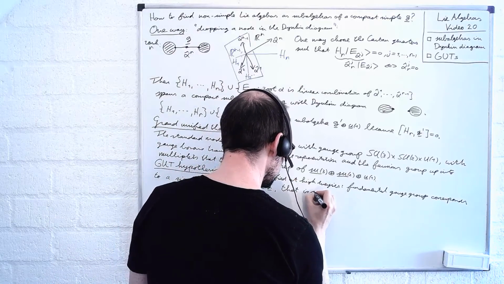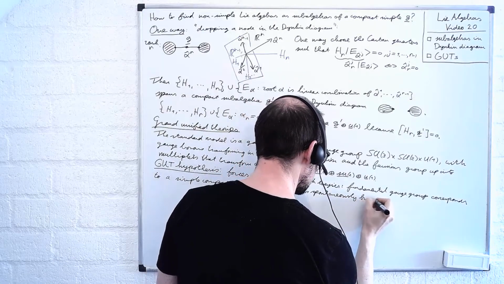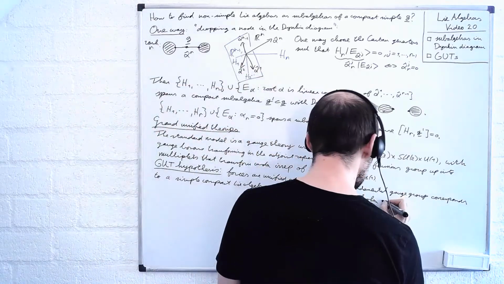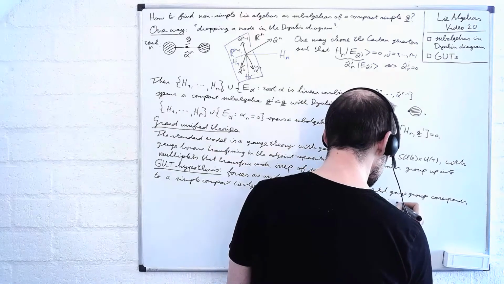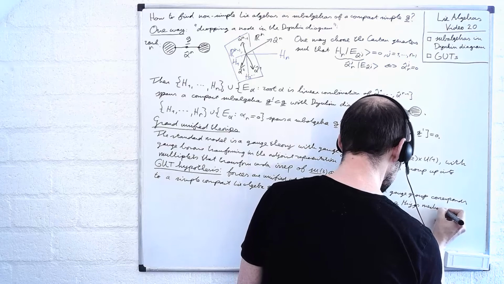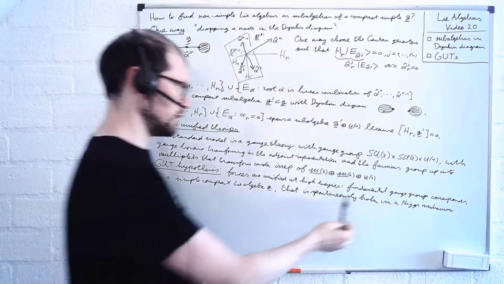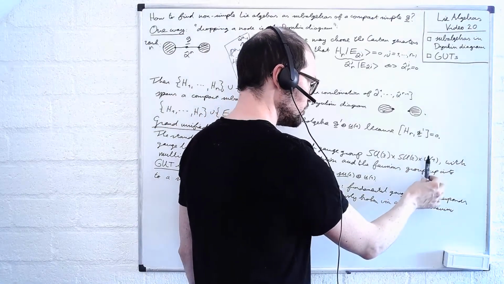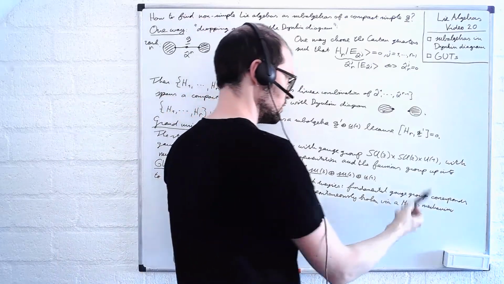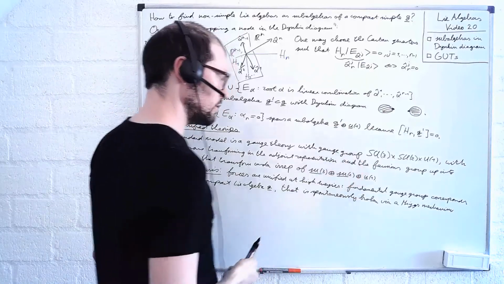That is spontaneously broken via an analog of the Higgs mechanism. So the usual Higgs mechanism tells us how the SU2 times U1 electroweak force breaks into the individual electromagnetic and weak symmetries.